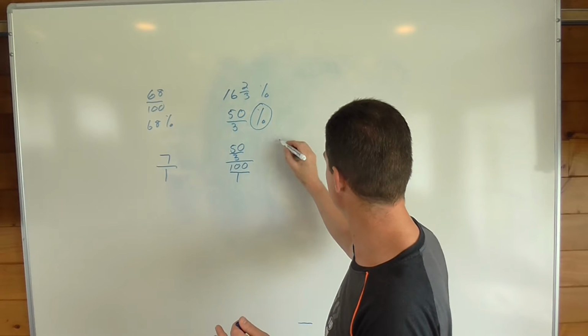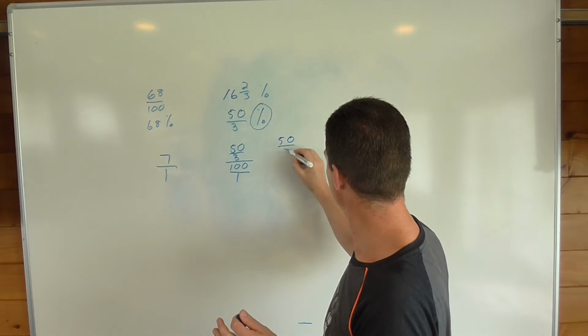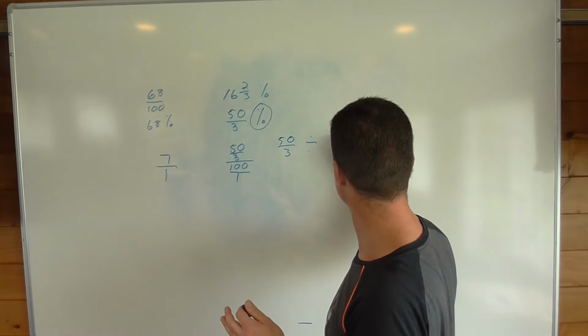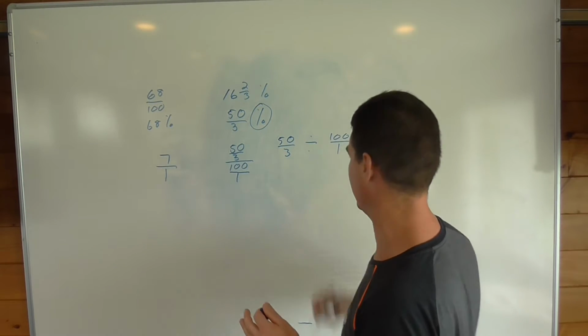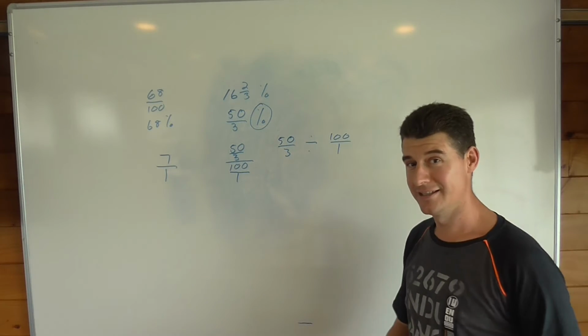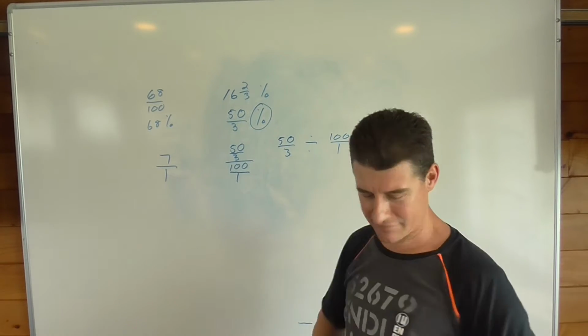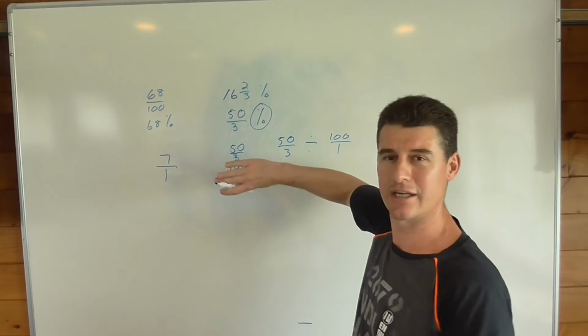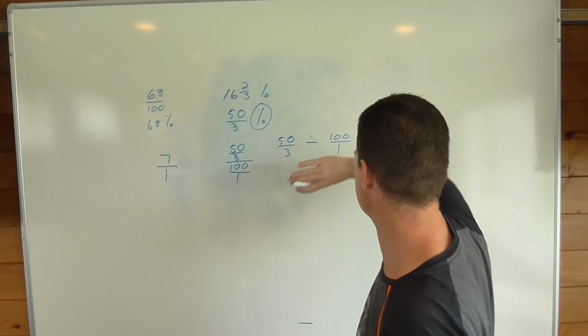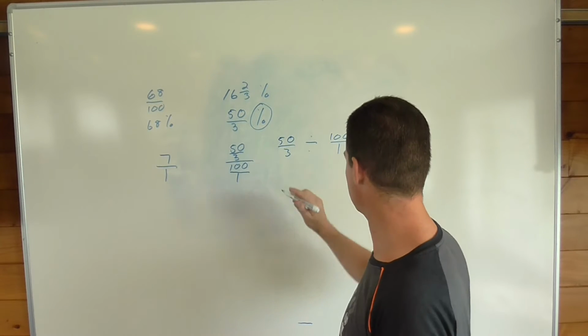Remember, this is like saying 50 over 3 divided by 100 over 1. You remember that we've done it. So how can we sort this out? It is very easy, because we do what we always do: we flip it and we multiply.